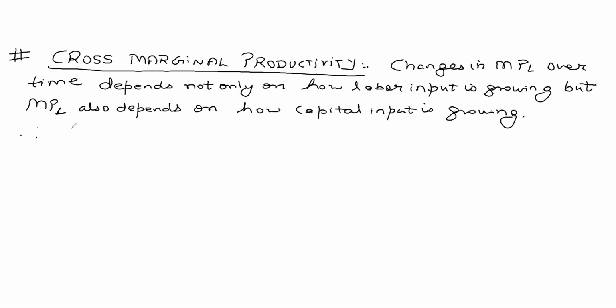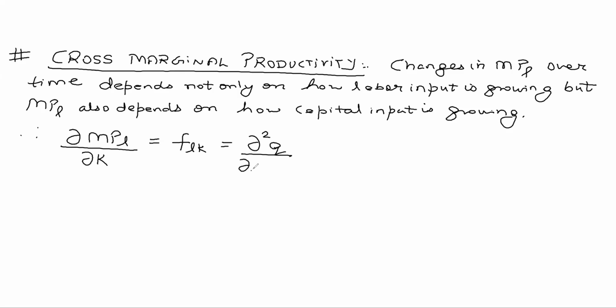So therefore del MPL, let me use L as a cursive only so that it's clear to all students. MPL, okay. So del MPL by del K, which I write as FLK, which is nothing but del square Q by del L del K, is the cross marginal productivity of labor.